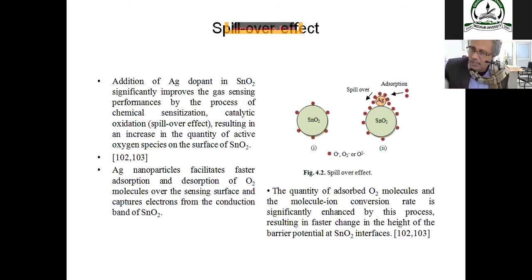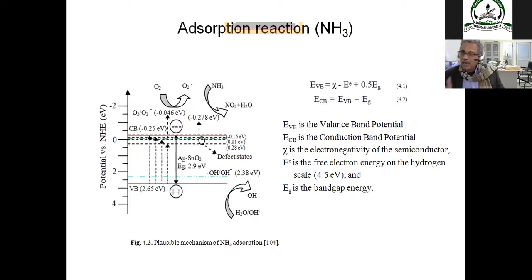So automatically our sensitivity will increase, because more oxygen will be captured from the air. This oxygen will interact with the gases. This is the idea we have, that silver is doped because of that, and mostly it will work at room temperature.